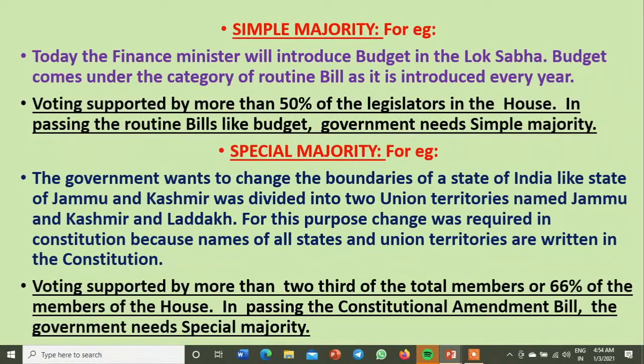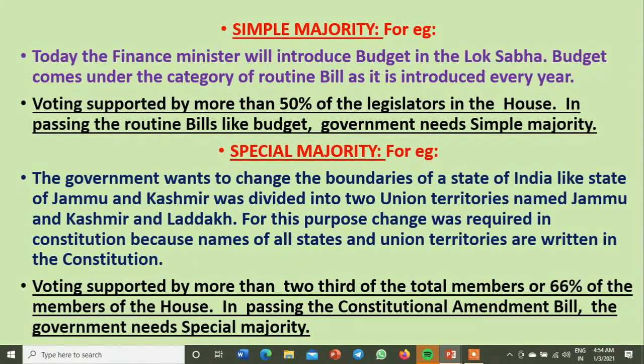Like on 1st November 1966, Punjab was divided into Punjab and Haryana. Uttar Pradesh was divided into Uttar Pradesh and Uttarakhand, and in the same way Chhattisgarh and Jharkhand states were taken out of Bihar. So all these things need a change in the constitution.